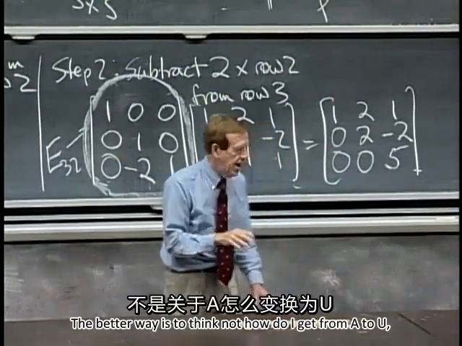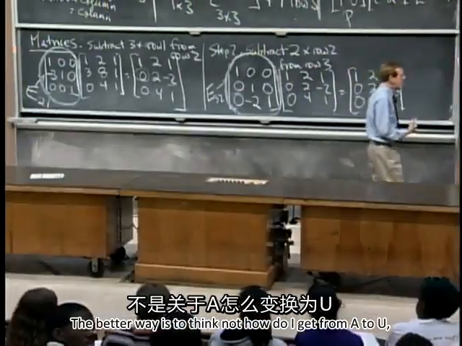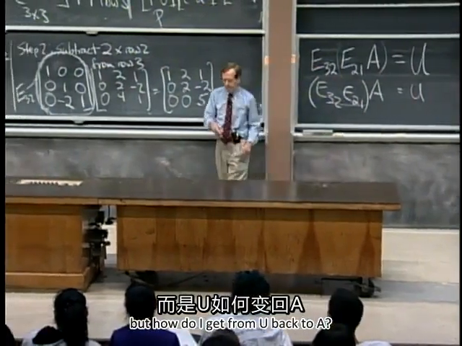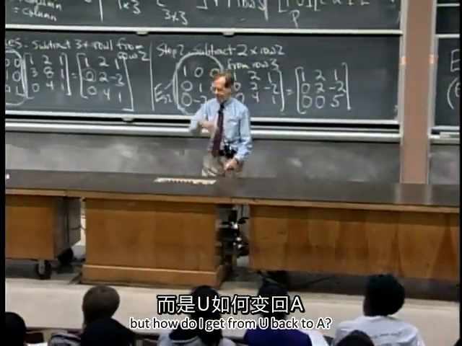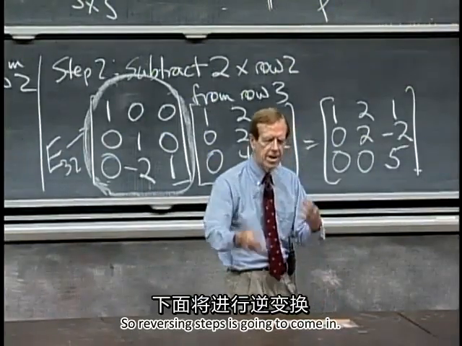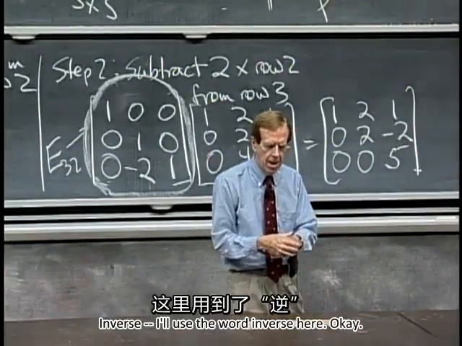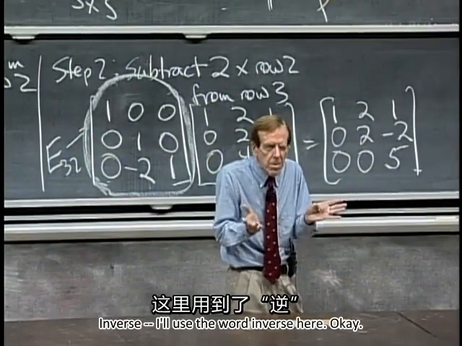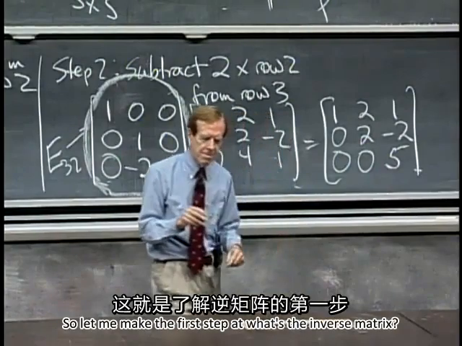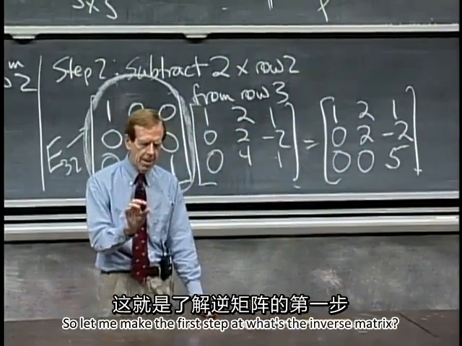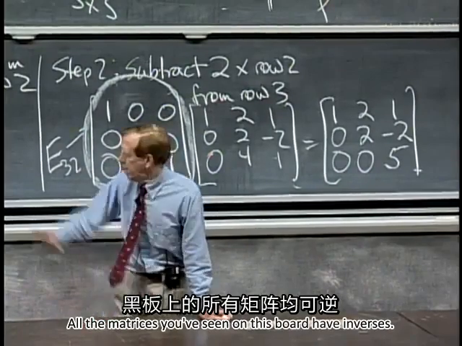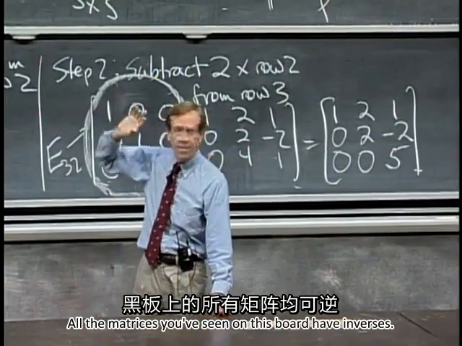The better way is to think not how do I get from A to U, but how do I get from U back to A? So reversing steps is going to come in. Inverse, I'll use the word inverse here. Okay, so let me make the first step at what's the inverse matrix. All the matrices you've seen on this board have inverses.